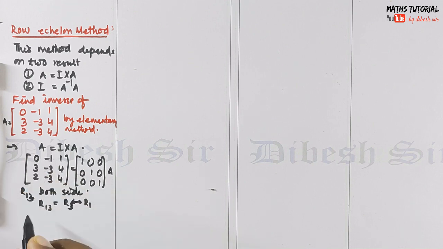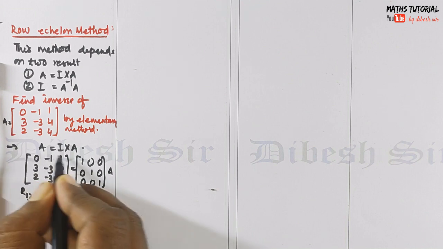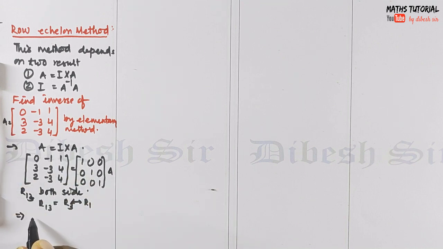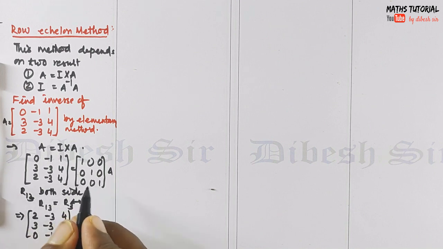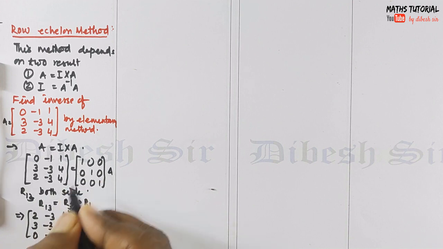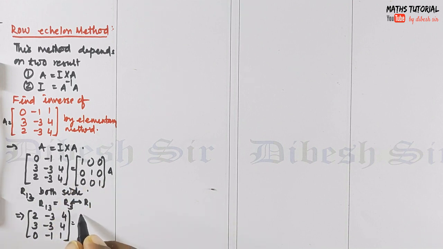It means interchange, that is, this row comes here and this row comes here. That is 2, minus 3, 4, 3, minus 3, 4, 0, minus 1, 1. Both sides means it also interchanges. That is 0, 0, 1, then 0, 1, 0, then 1, 0, 0.